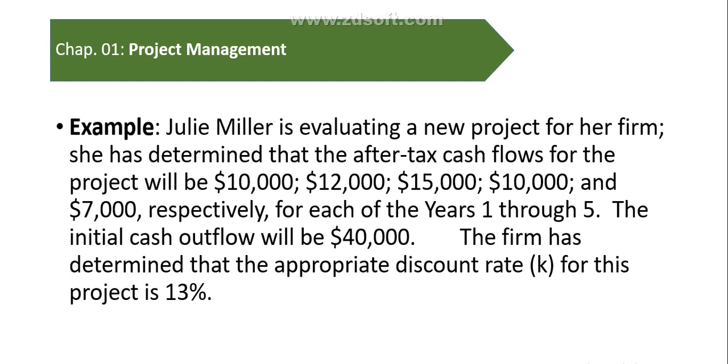For each year we receive a different cash flow. The initial cash outflow will be 40,000. The firm has determined that the appropriate discount rate K is 13%.